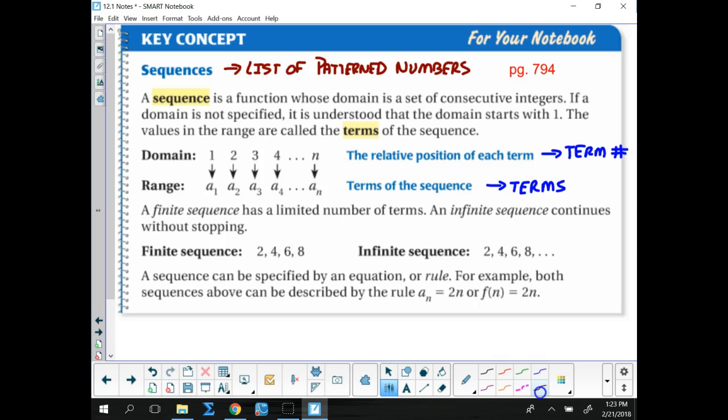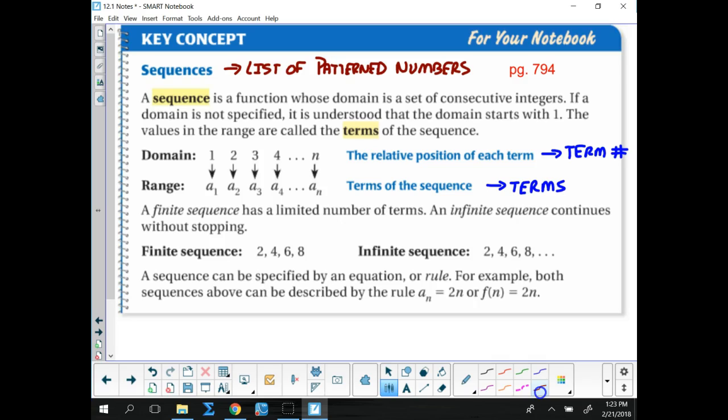There are two different sequences: a finite sequence and an infinite sequence. A finite sequence has a specific amount of terms. It stops. In this one, there are 4 terms. If I added a term, then there'd be 5 terms, and so on.